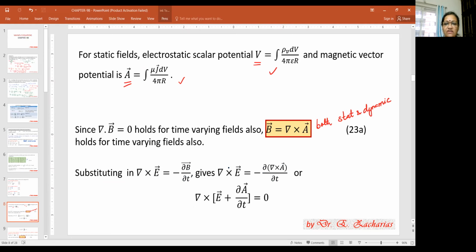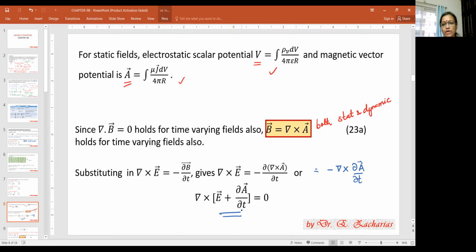You can see that there is a curl here, and there is a curl involved on this side also. Or you can write this as minus of del cross dou A by dou T. Now bring the right hand side also to the left hand side. So it becomes del cross E plus dou A by dou T equal to 0.